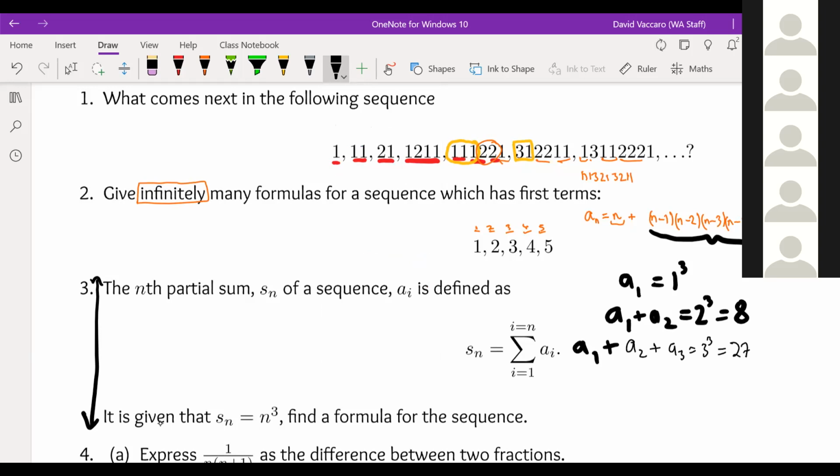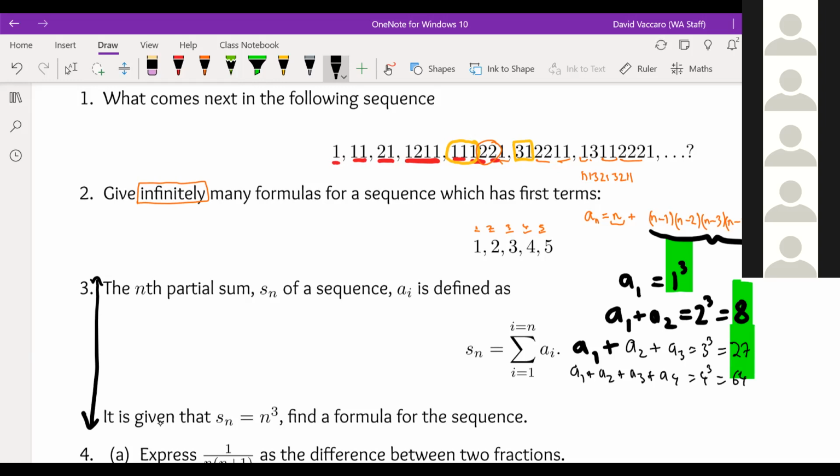Now the question is, can we go from these given numbers, which are the sums, and the next sum would be A1 plus A2 plus A3 plus A4 is 4 cubed, which is 64. Can we go from those sums back to the sequence?